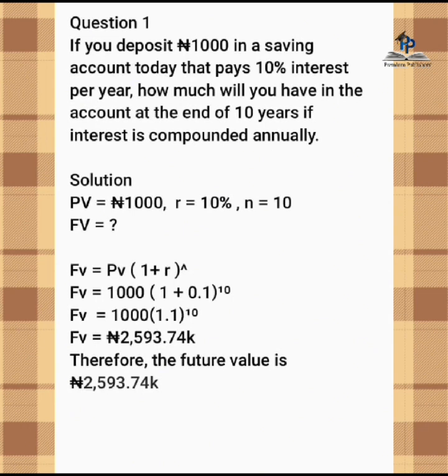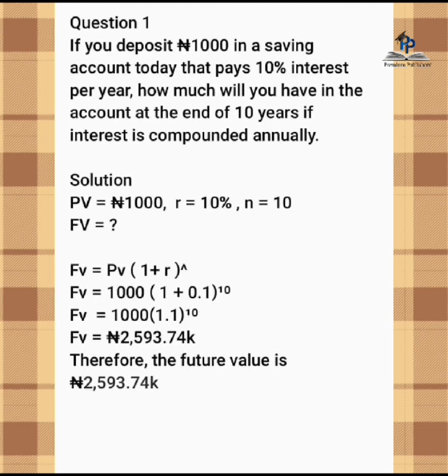According to the question, if you deposit 1,000 naira in a savings account, and this savings account pays interest at the rate of 10%, and the duration of this particular money will be 10 years, the question expects us to find the future value of money compounding annually.